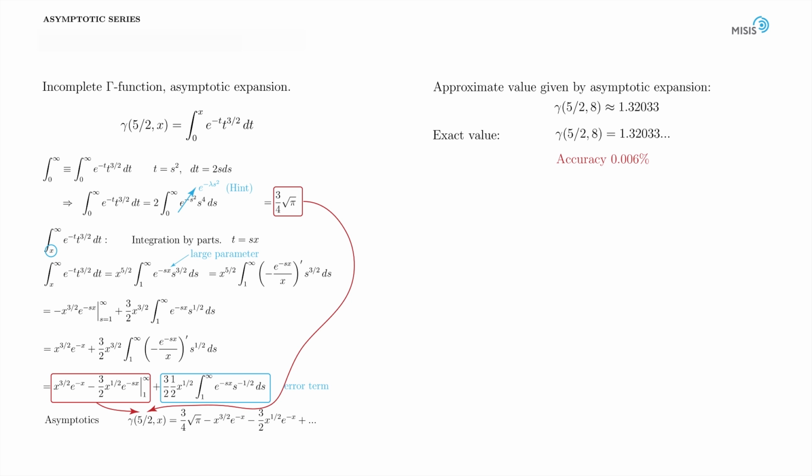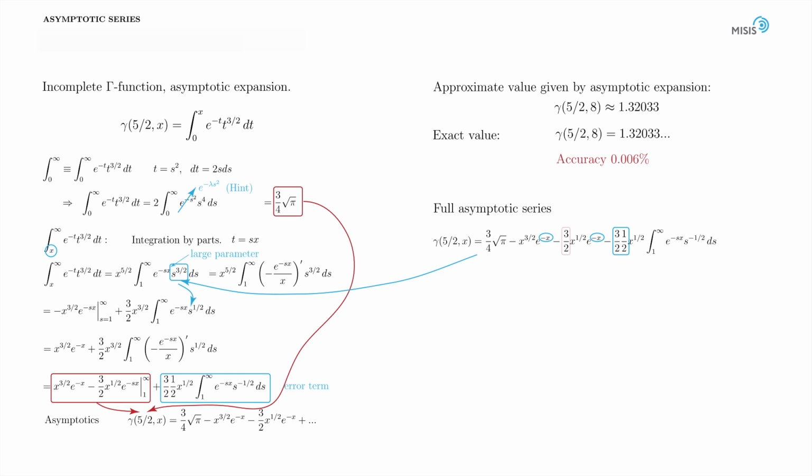One can of course compute the full asymptotic series. Let's do it. So here is our expression after two integrations. Each integration by parts brings the exponential factor e to minus x times the accumulating product of numeric coefficients arising from the differentiation of the power function s to 3/2, which then is turned into s to 1/2 and so on.